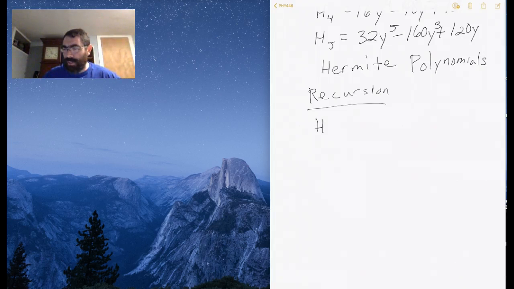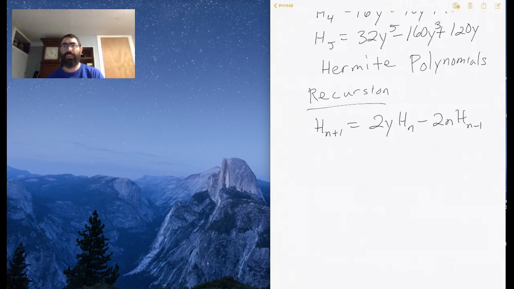And so you can find the Hermite polynomial of the index n plus 1 from the polynomial with an index n and the index n minus 1.